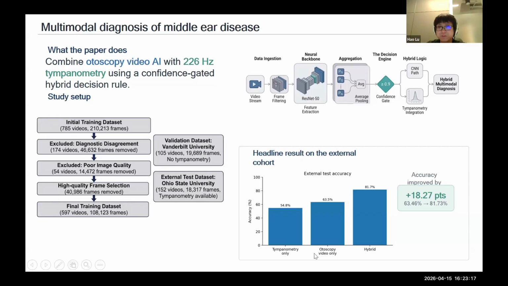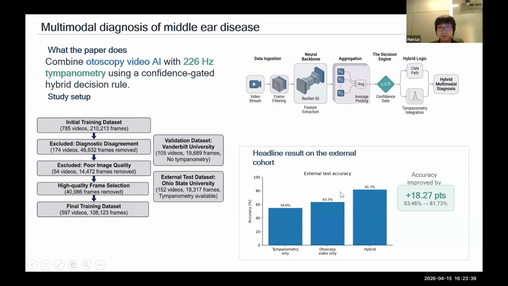And here is the performance. If we only use the tympanometry data, the performance has only 54% accuracy because the tympanometry data cannot tell tympanic sclerosis and the normal perforation tube very well.